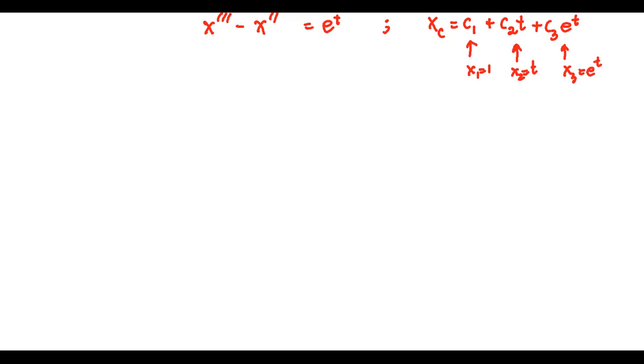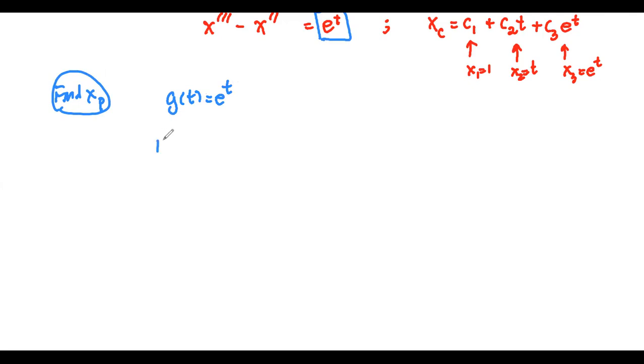As we see the non-homogeneous term, the e to the t here, we're going to use that to find xp from the g(t), or the non-homogeneous term, as e to the power t.